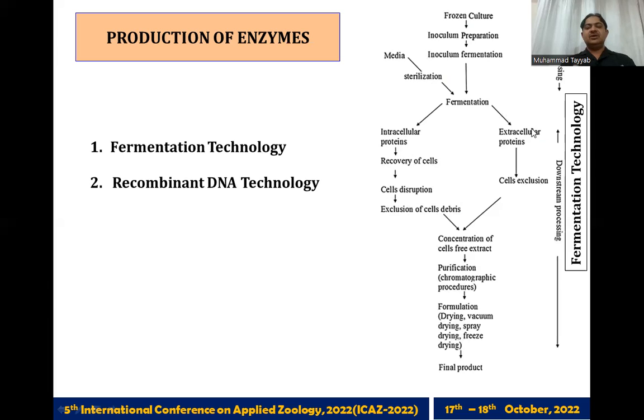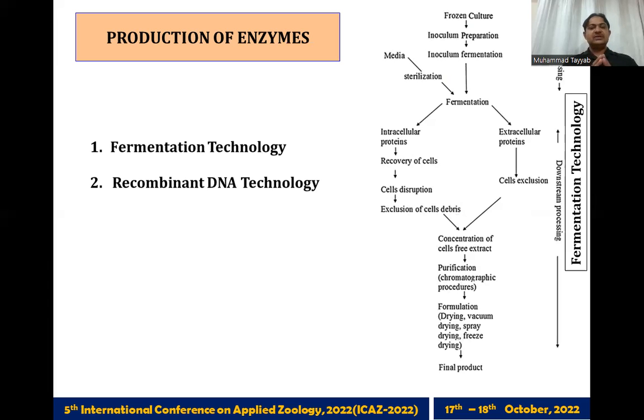It depends on the microbe and its ability to produce a variety of enzymes. The enzymes produced as a result of this fermentation process can be purified and characterized later on so that you can have the final product. Whereas recombinant DNA technology is the advanced form of technology which is utilized nowadays for the production of recombinant enzymes.